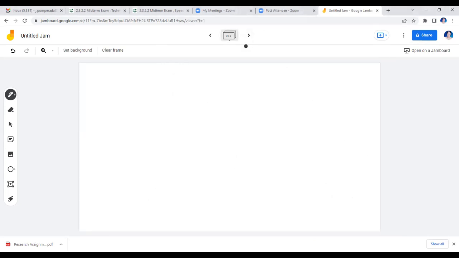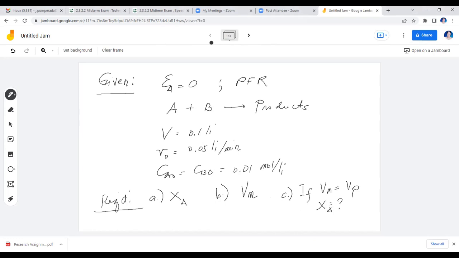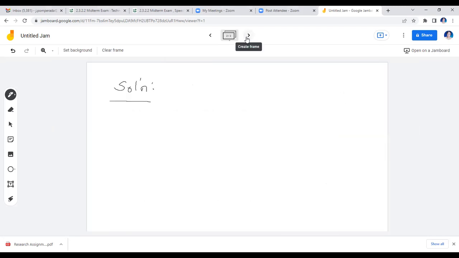So we go to the solution. Since we are given a PFR, and letter A is asking for the degree of conversion in a PFR, we're going to write the performance equation for a PFR.